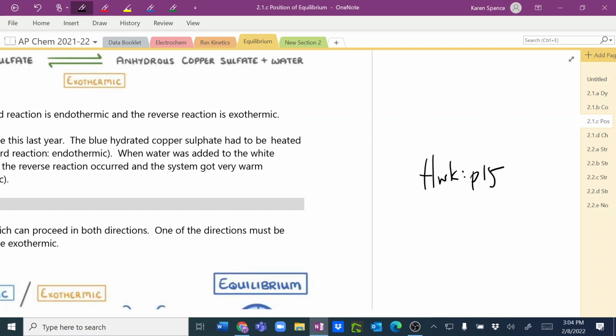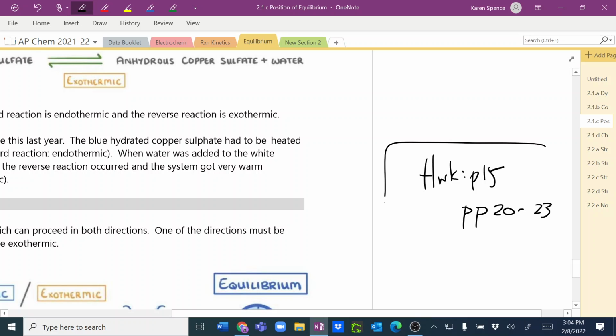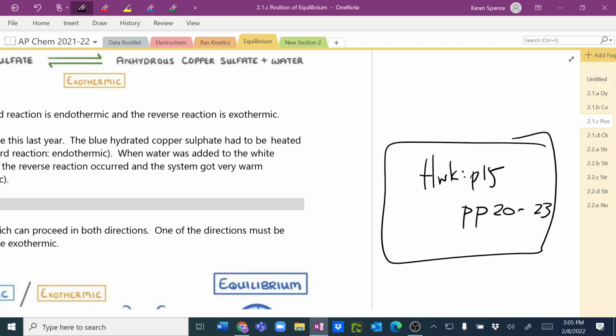Oh, and you could also do page 20, 21, 22, 23.